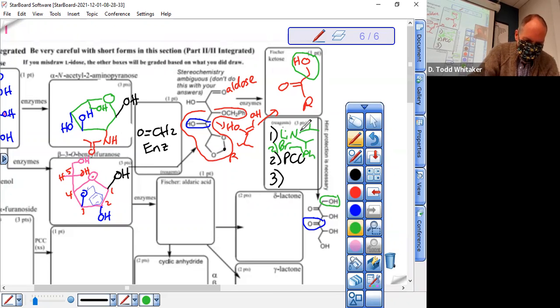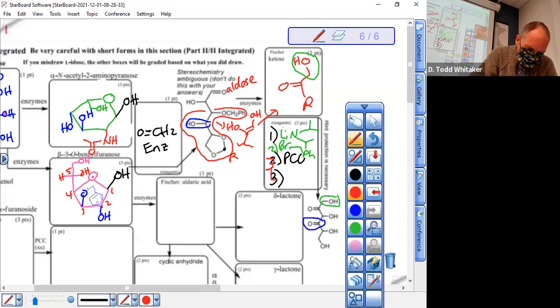Why did I choose that base? I want to take the H off this H, but not this H. Why would this H come off first with that base and not the blue one? And the answer is, this one's less sterically hindered. And then that makes this 3.